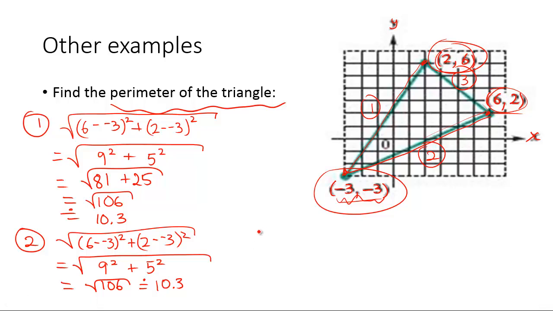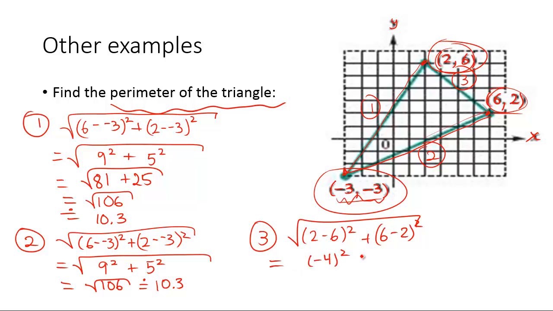Okay, now we need distance 3, and distance 3 comes from 2 minus 6 squared and 6 minus 2 squared, and square rooted, giving us negative 4 squared plus 4 squared, which is 16 plus 16, so that's the square root of 32, which is approximately 5.7.